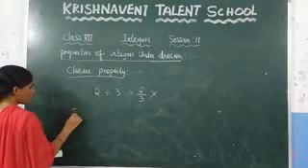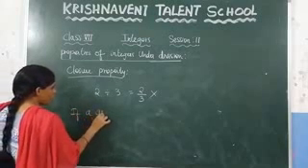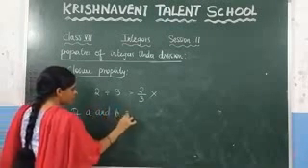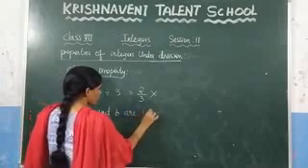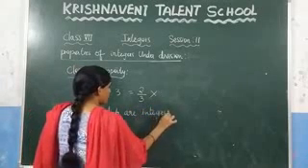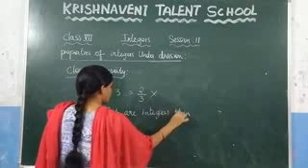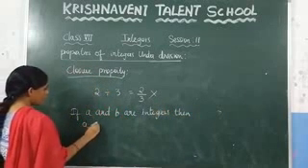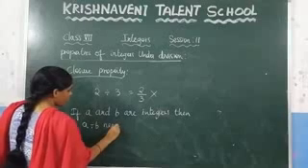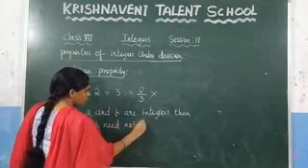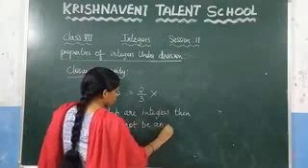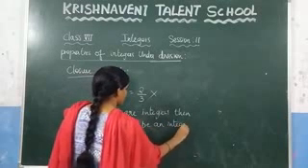Write it in the form of variables. If a and b are integers, then a divided by b need not be an integer.